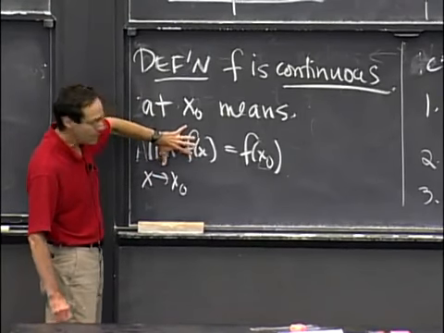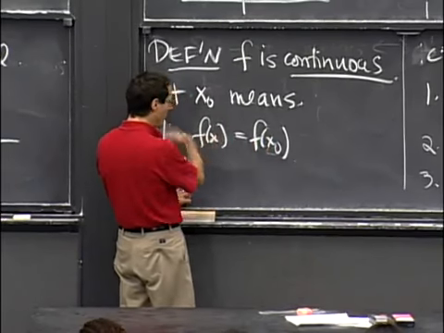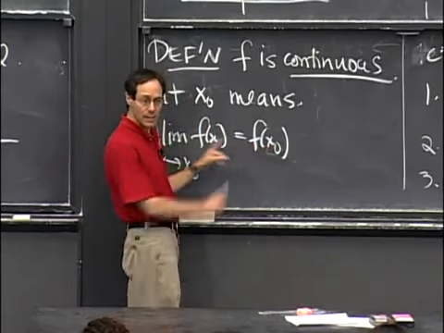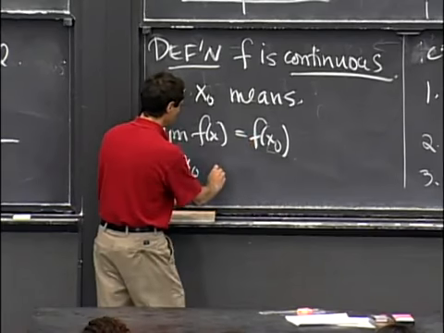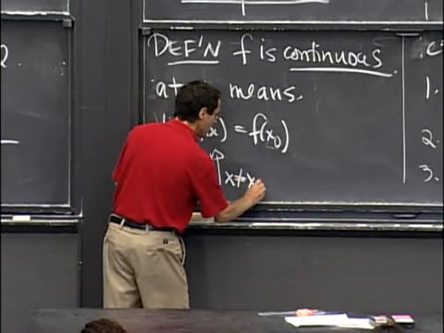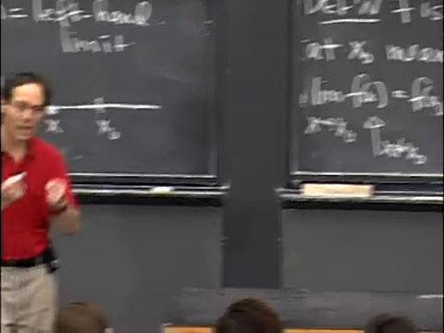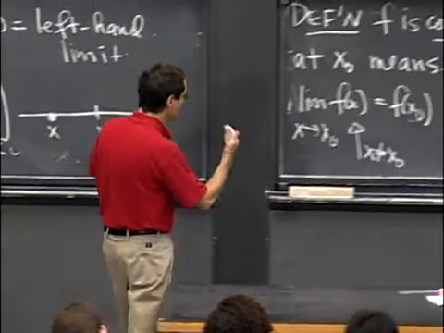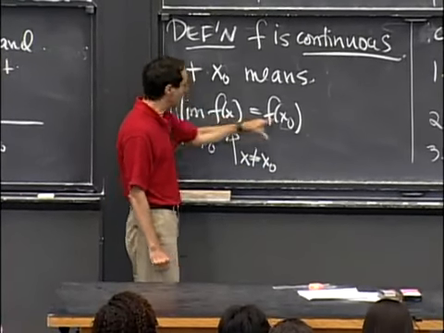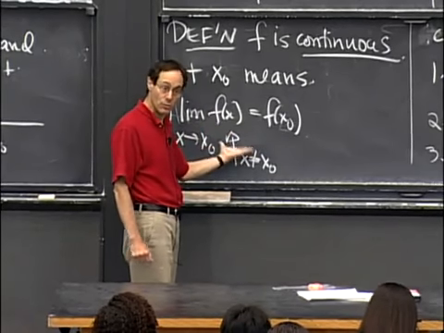This side, the left-hand side, is completely independent, is evaluated by a procedure which does not involve the right-hand side. These are separate things. To evaluate the limit, you always avoid the limit point. So that's, if you like, a paradox, because the question is, is it true that if you plug in x0, you get the same answer as if you move in the limit? That's the issue that we're considering here.